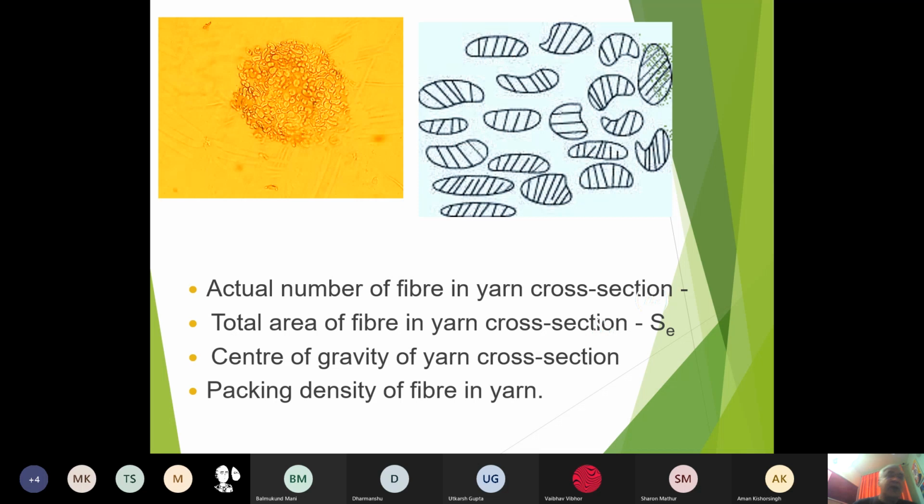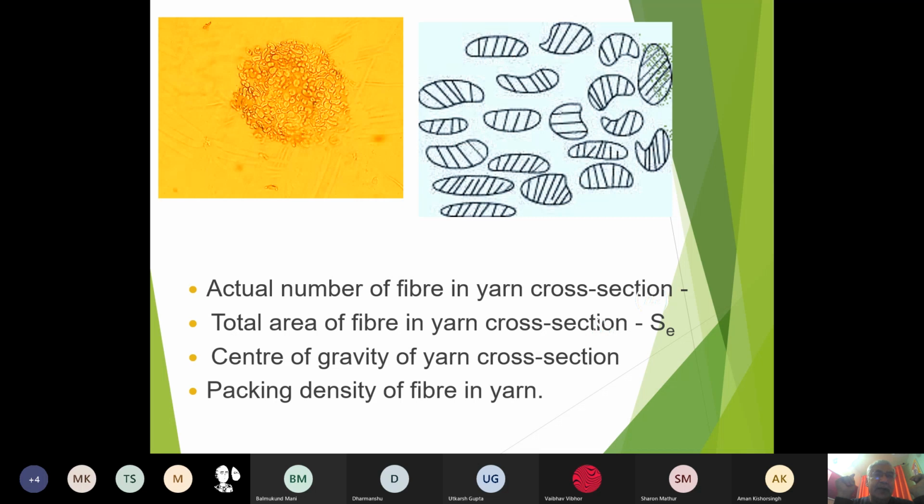Okay, so in the last lecture we talked about the morphology of single yarn, and particularly about the yarn diameter: how it is calculated if we know certain values, and on what factors the yarn diameter depends.